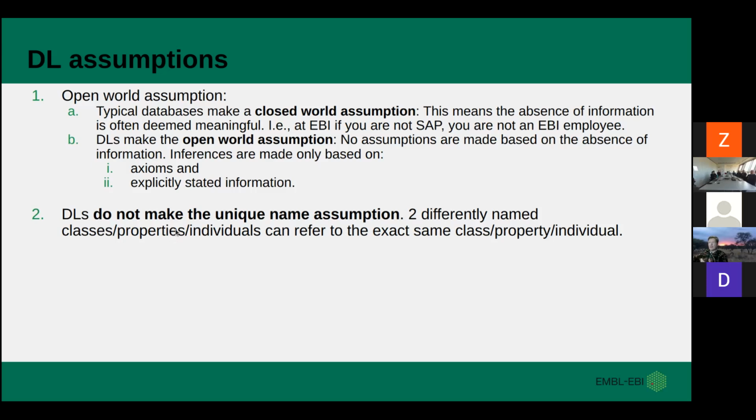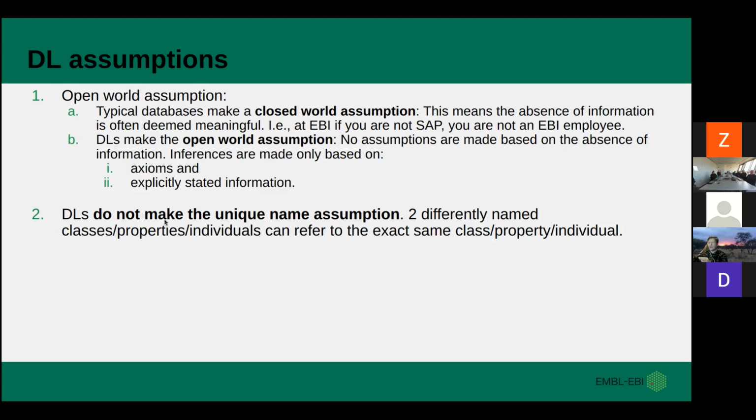So if I was thinking of someone and I want to know whether they work at EBI, I would go and look in the SAP database. And if I don't find that person, I would assume they don't exist, or at least they're not an employee at EBI. That's not the approach that DLs take.